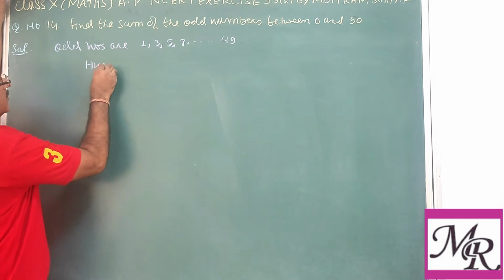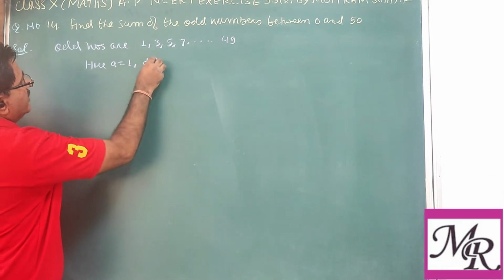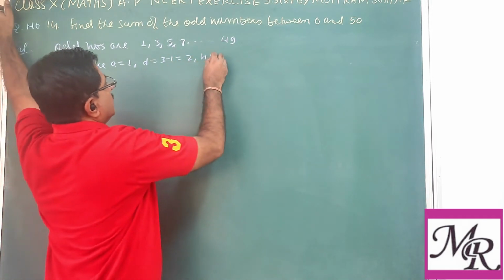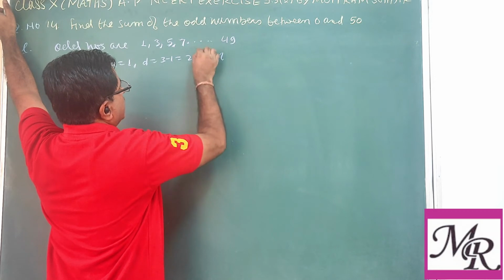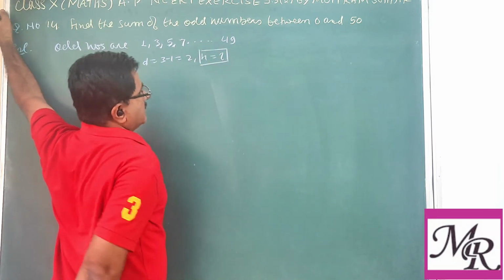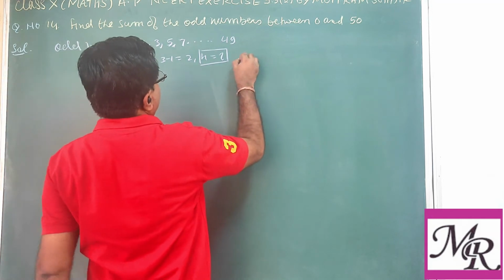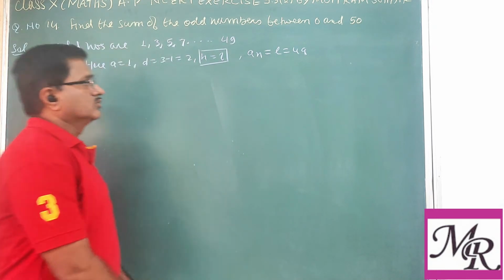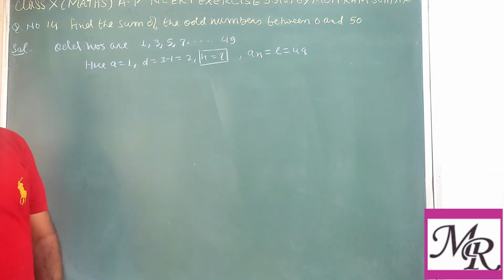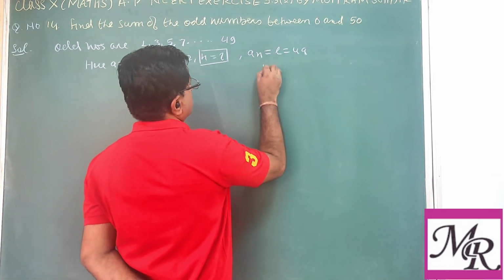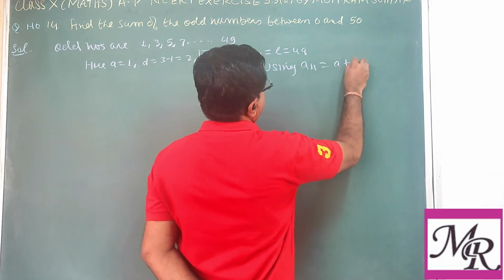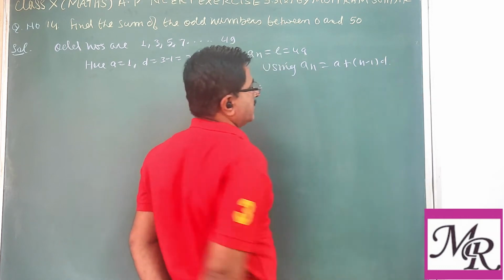Here the first term is 1 and the difference is 3 minus 1, that is 2. First we want to see what n is, that is, how many numbers there are. The last term an is 49. First we find how many numbers there are, then we can find their sum. Using the formula an equals a plus (n minus 1) into d.